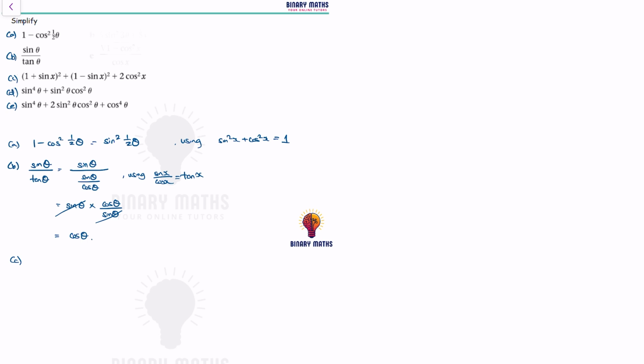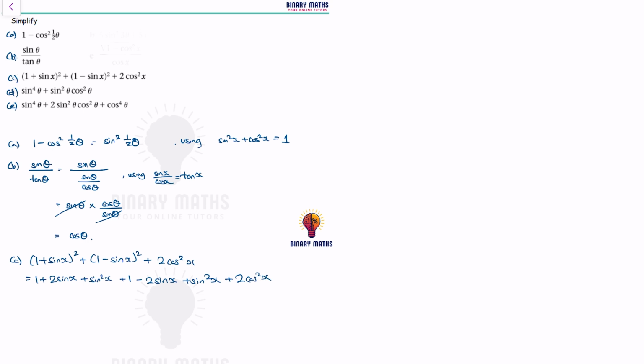Okay, 1 plus sine x all squared plus 1 minus sine x all squared plus 2 cos squared x. I'm going to first expand both the brackets, so I get 1 plus 2 lots of sine x plus sine squared x plus 1 minus 2 sine x plus sine squared x plus 2 lots of cos squared x.